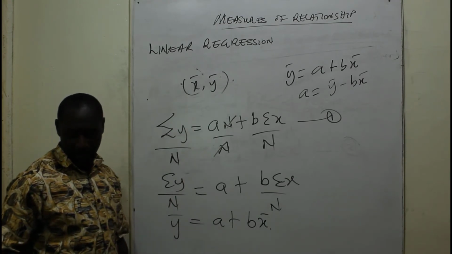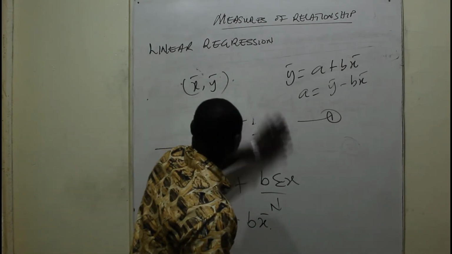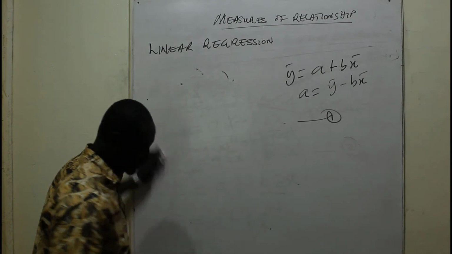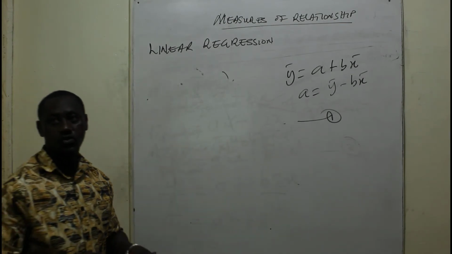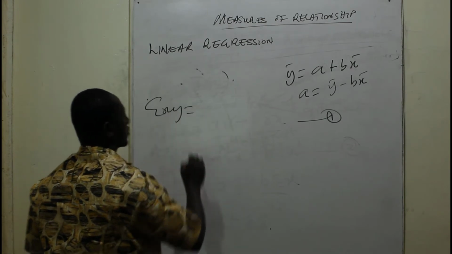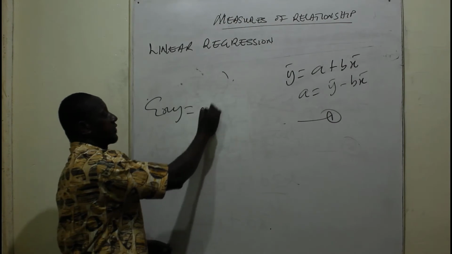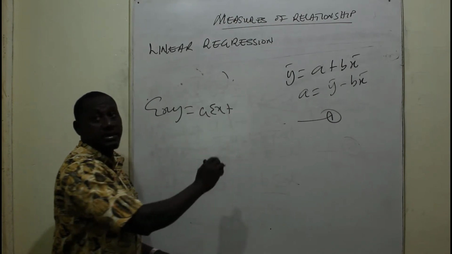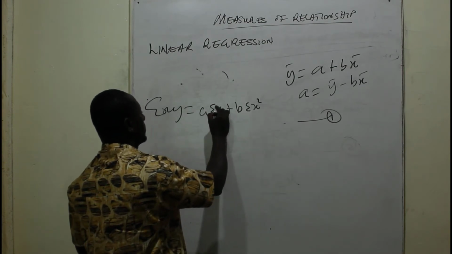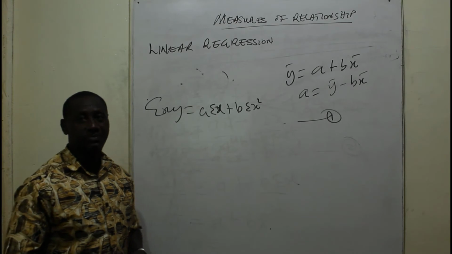Now let's consider what we can get from equation 2. Equation 2 is summation of xy equal to a times summation of x plus b times summation of x squared. Here too, we can get b.